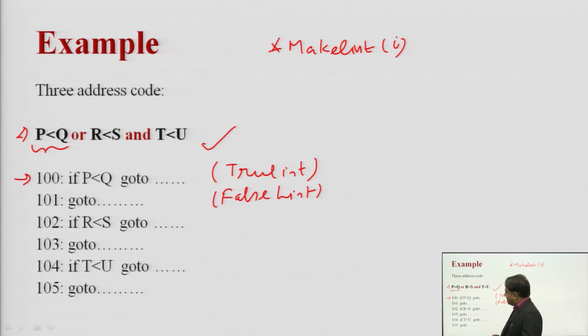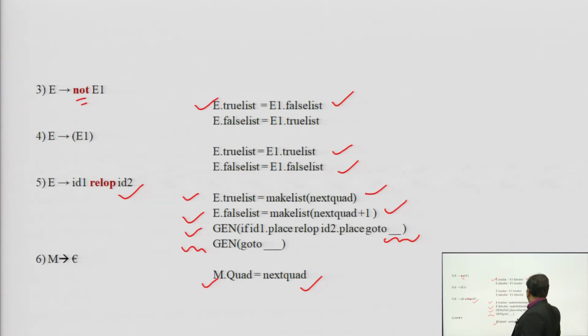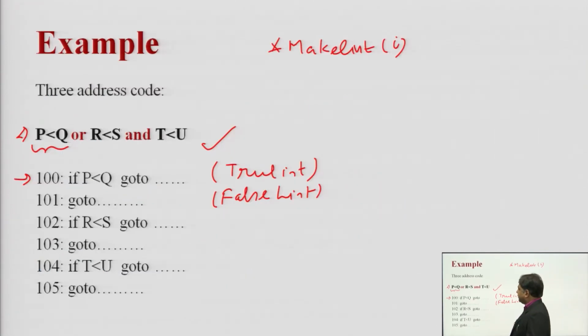The semantic action I just wrote gives next quad and next quad plus 1. For ID relation operator ID, the statement will be: if ID1 dot place relation operator ID2 dot place goto, then generate goto. So this is the true list and this is the false list.